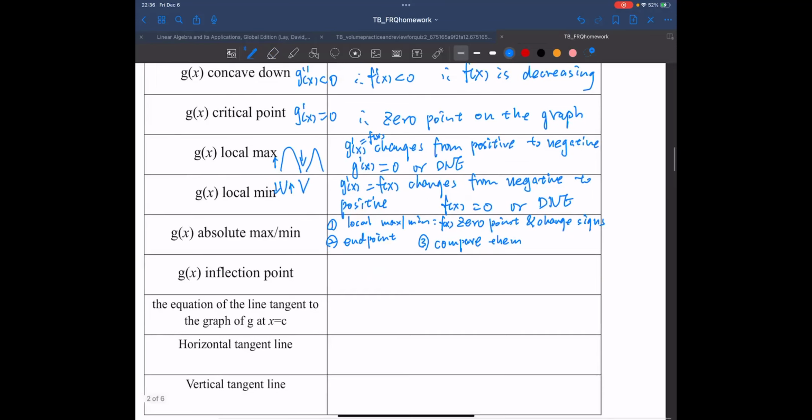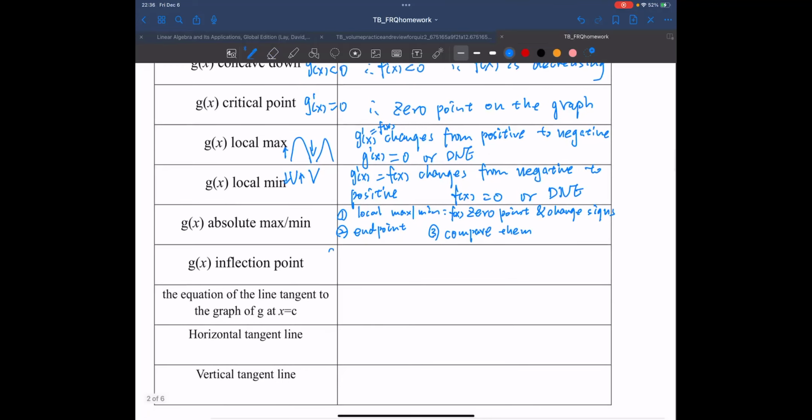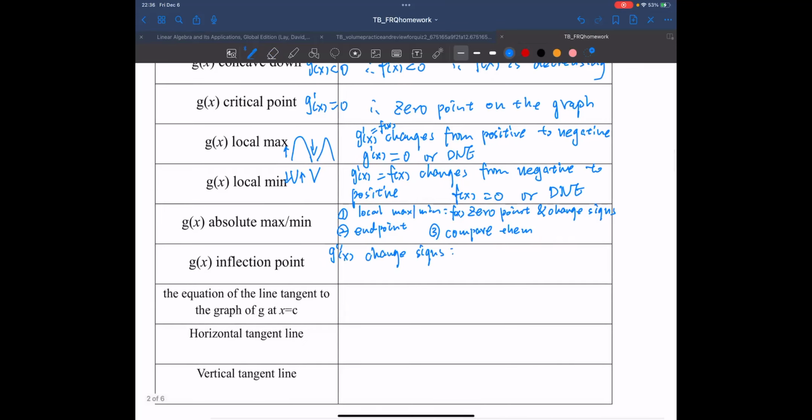If we want to see g double prime change sign, we can see f prime change signs. So if f prime changes signs, f(x) changes from increasing to decreasing, or from decreasing to increasing. So in the graph, we will check the point of local maximum or local minimum.